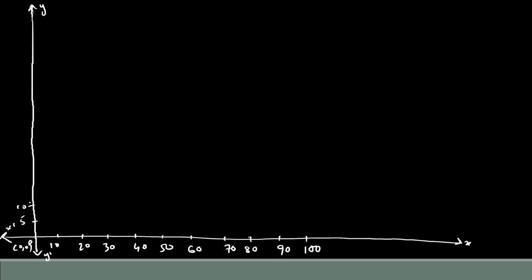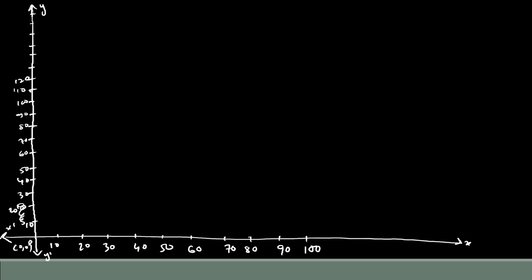Let's not take this as 5, let's take this as 10: 10, 20, 30, 40, 50, 60, 70, 80, 90, 100, 110, 120. So we got this from 0 to 120.